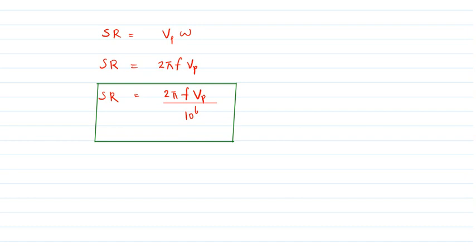Here the unit is volt per microsecond, and here the unit is volt per second only. So this is the equation for finding slew rate in a circuit.